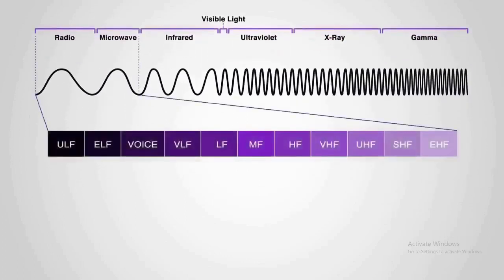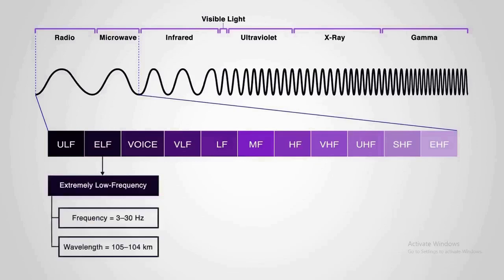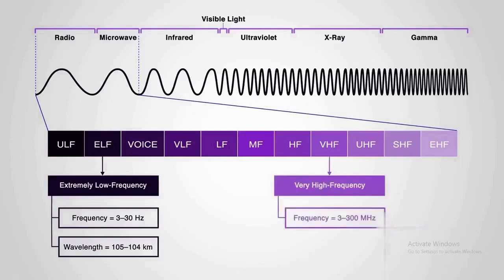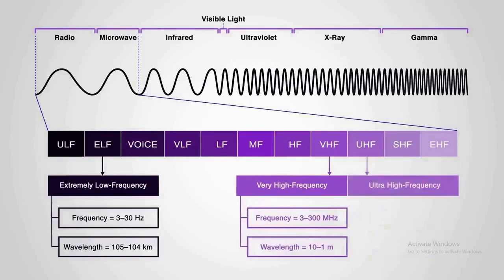Some of the specific frequency bands are ELF, or extremely low frequency, with a frequency of 3 to 30 Hz and a wavelength of 10^5 to 10^4 km; VHF, or very high frequency, with a frequency of 30 to 300 MHz and a wavelength of 10 to 1 meter; and ultra high frequency, or UHF, with a frequency of 300 MHz to 3 GHz and a wavelength of 1 meter to 10 centimeters.